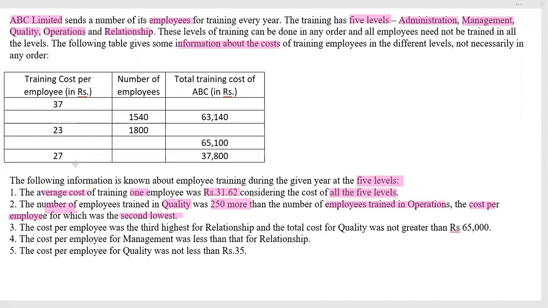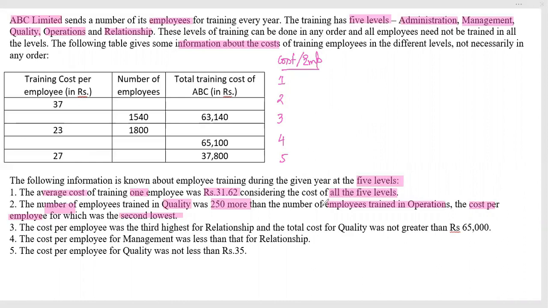So cost per employee second lowest. That means if I try to get the order of cost per employee, 1, 2, 3, 4, 5, 5 levels, the second lowest level, if I take the top level, this is the second lowest level.